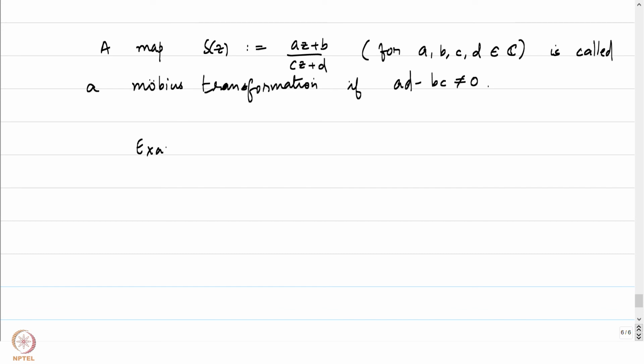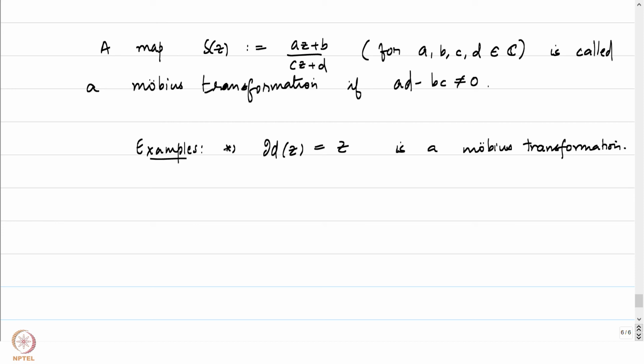Let's look at a few examples. The identity map is the first example of a Mobius transformation. In this case, a is equal to 1, d is equal to 1, b and c are 0.